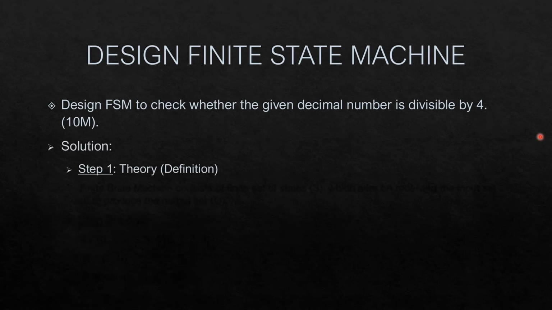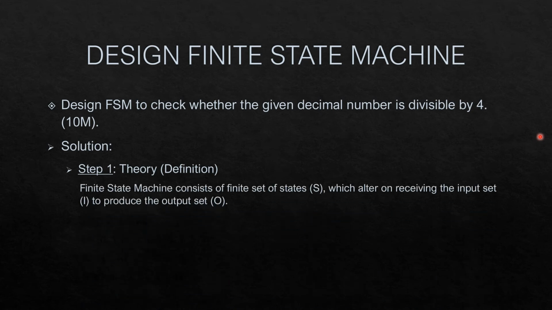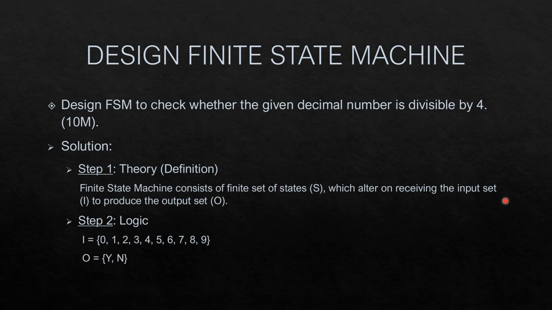Step number 1 is theory, that is definition. Step number 2 is logic, where we will be defining S, I and O respectively. Again, here since the input says decimal number, our I is going to consist of 0 to 9 numbers, that is decimal number set. O will again remain y, n, that is yes and no. And finally, the states will become Qs to Q3.